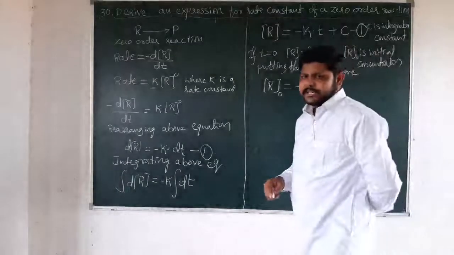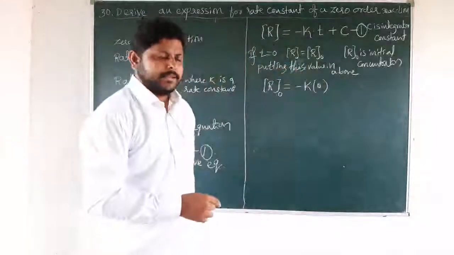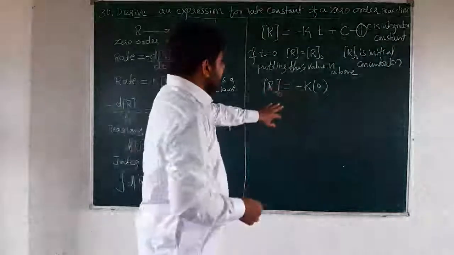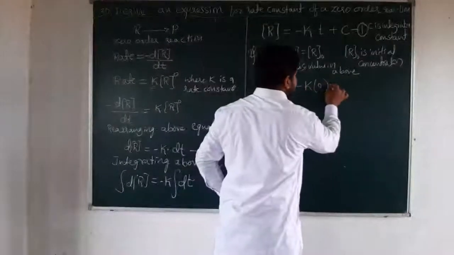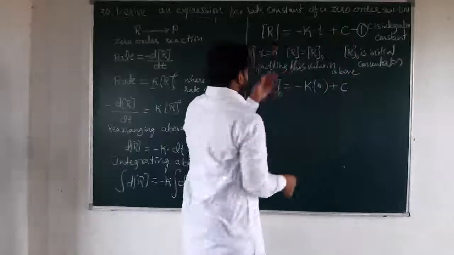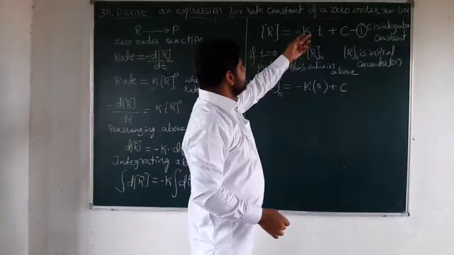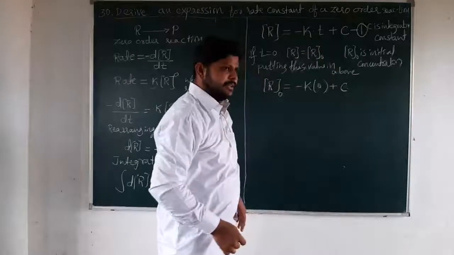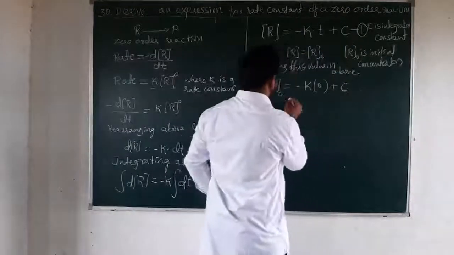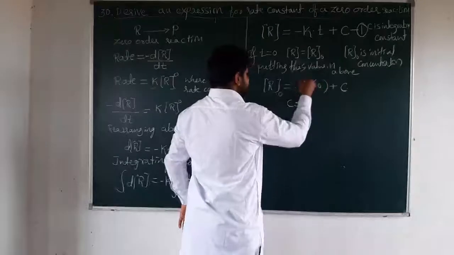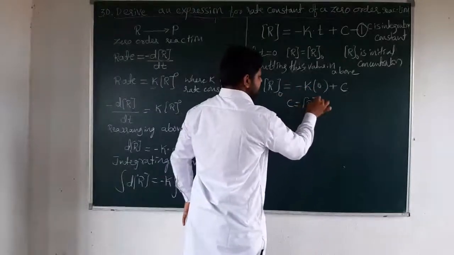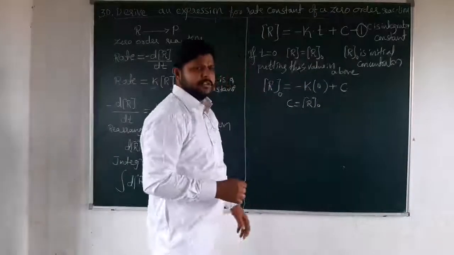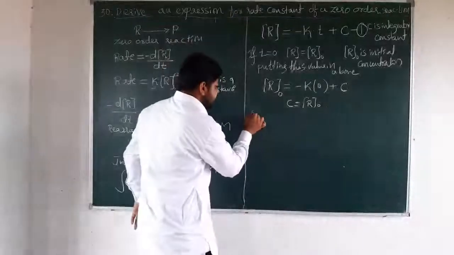So [R] naught equals minus k into 0, which is 0, plus C. Now we get the value of C: C equals [R] naught. We have got the value of C.